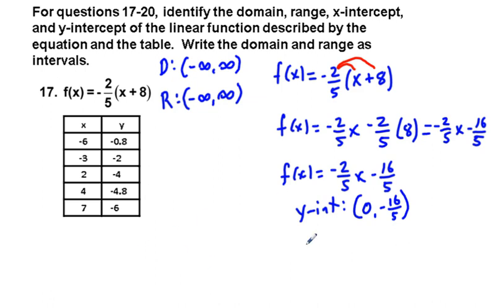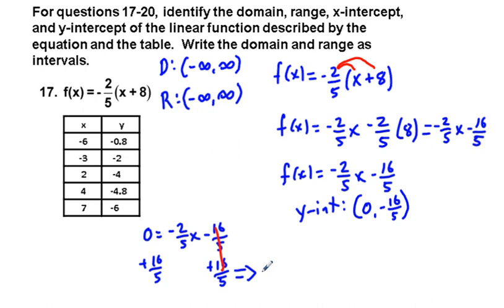Now with this function here, I'm going to set that equal to 0. So if we say f of x equals 0, 0 equals negative 2/5 x minus 16/5. And if we add 16/5 to both sides of this equation, we have a cancellation here, and I'm going to continue to the right.